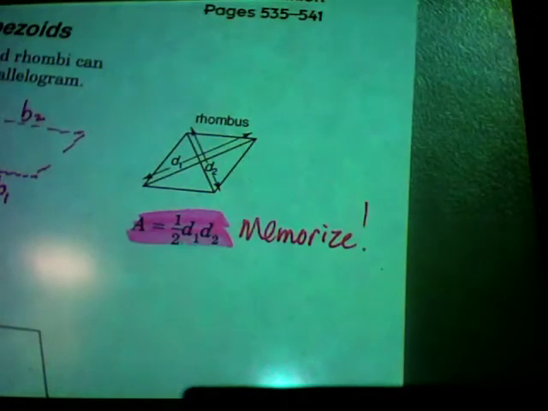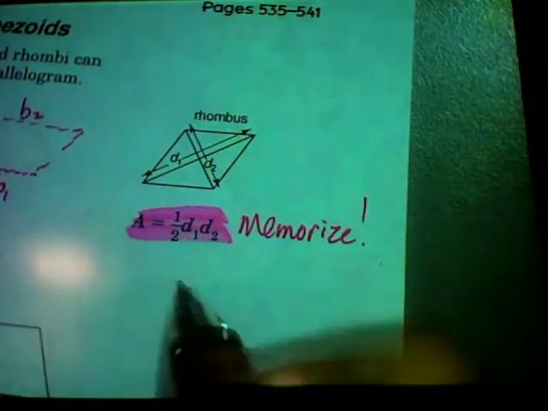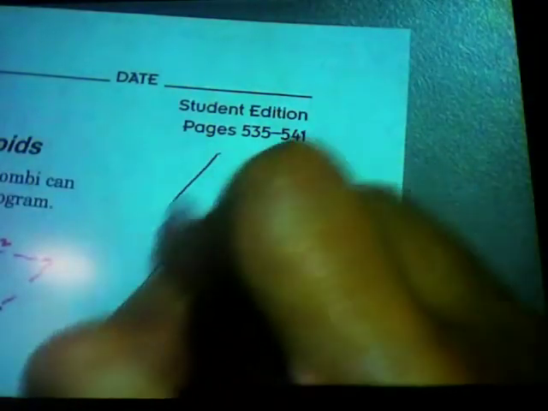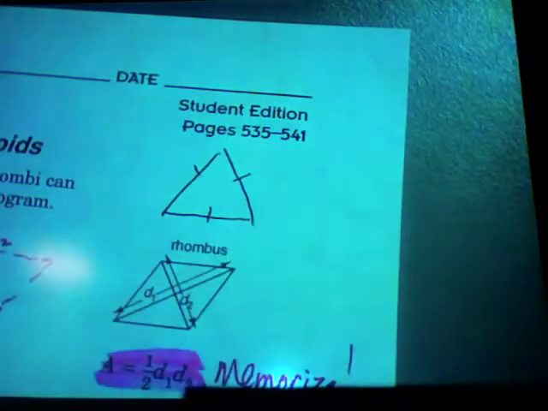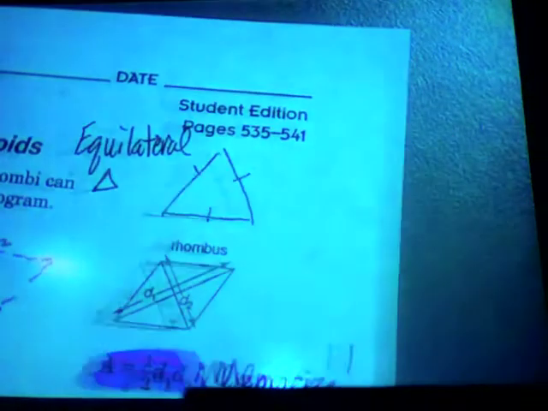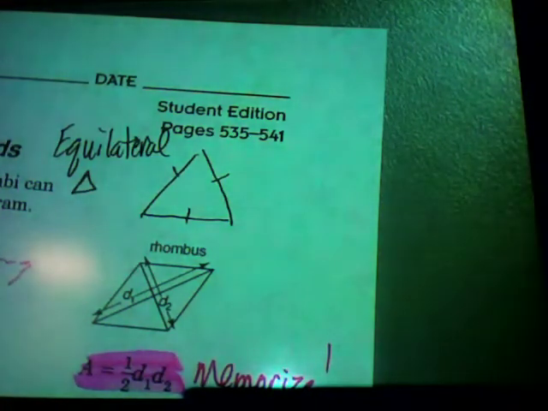Then on top of that, if I were you, I would add the following additional formula that is not in your book, but it will help you tremendously. Let's go ahead and put it up here. What kind of a triangle is that? So this is an equilateral triangle. I know that you already have a triangle formula of 1/2 base times height.